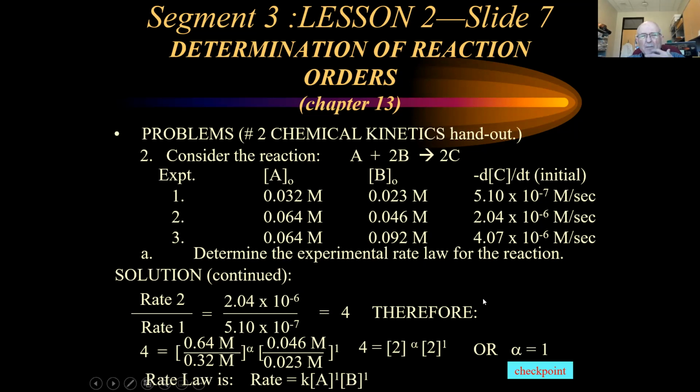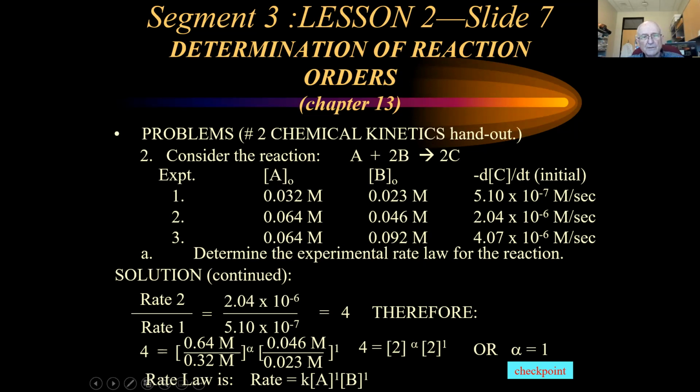Now, we can also get the rate constant, because you see, if I took run 1 and I put in the concentration of A at 0.032, concentration of B at 0.032, and the rate is 5.1 times 10 negative 7, I can solve for the constant.